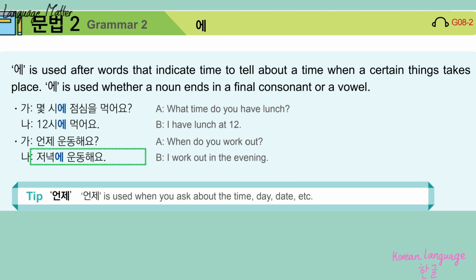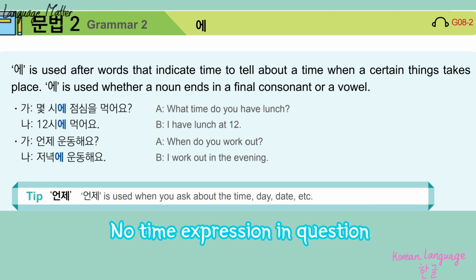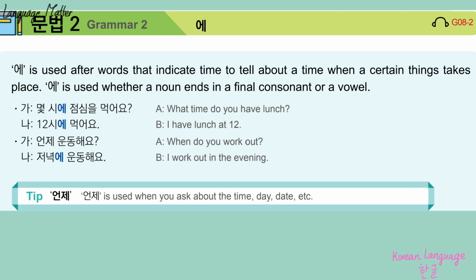저녁에 운동해요. Good. Did you hear the 에? Was it in the question or in the answer? In the answer, right? Great. Why is that? Why wasn't 에 in the question? There was no time expression. Good. It just said when.